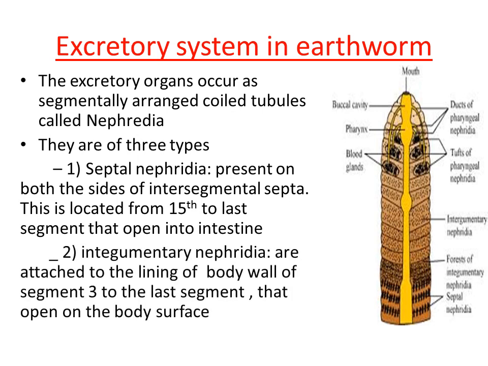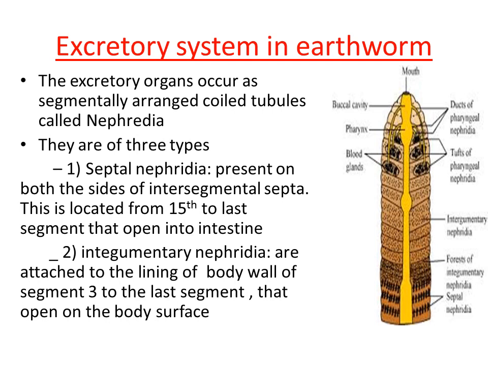And another type of nephridia is integumentary nephridia. What is the position of integumentary nephridia? These nephridia are attached to the lining of the body wall. So in the lining of the body wall, we can also see the presence of nephridia, right? The integumentary nephridia start from the third segment and continue till the last segment.